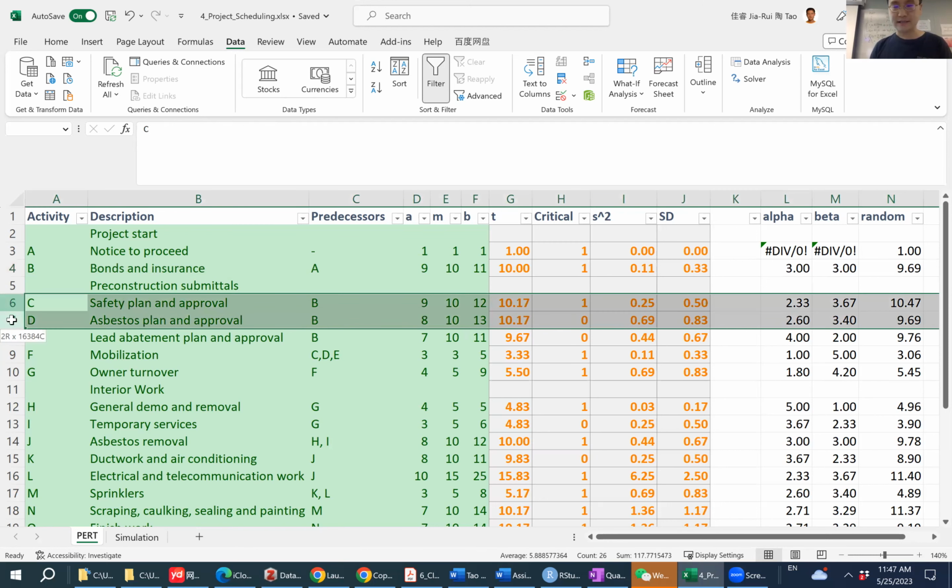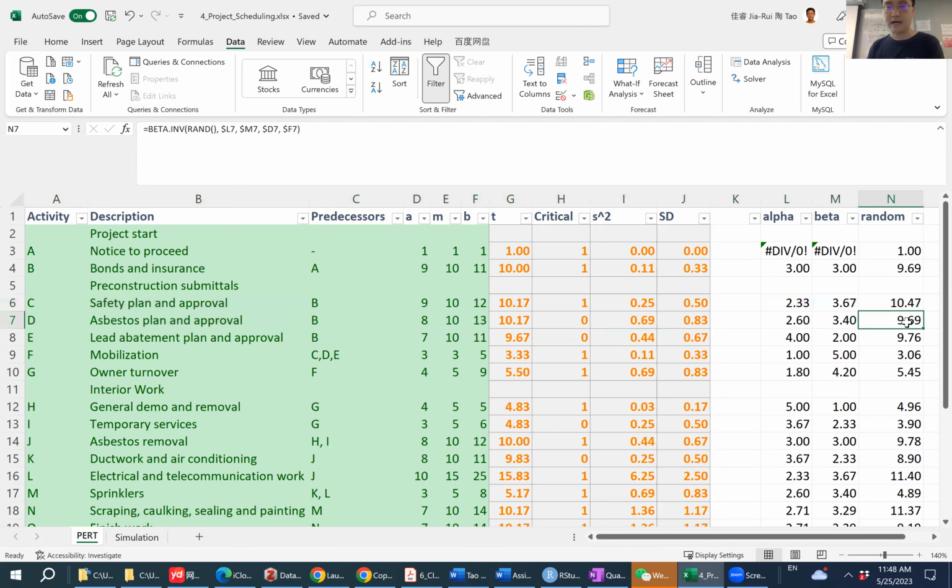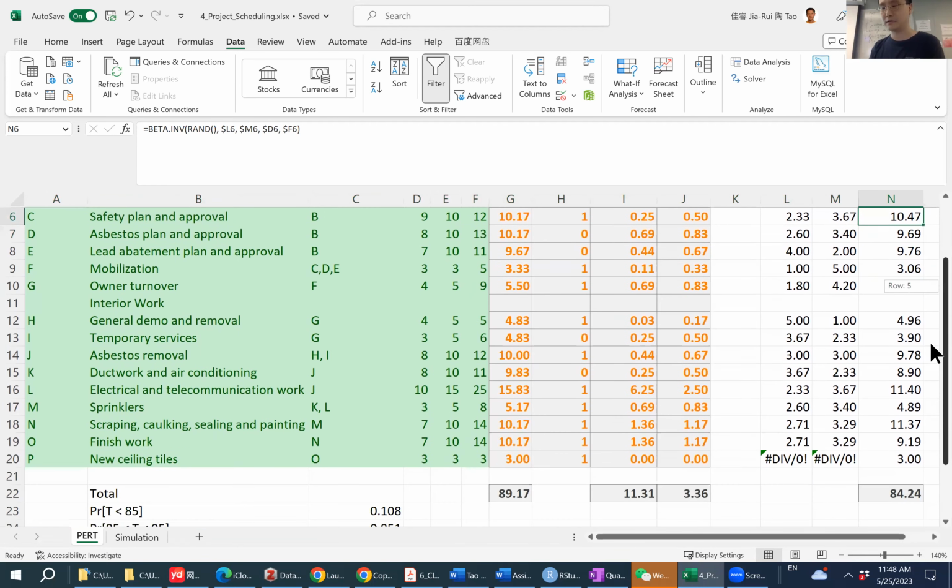For activity C and D, recall that last time we encountered this problem where they share the same expected duration, and we had to make a subjective choice between them to use one of them when calculating the total duration and the total variance. However, when using the simulation, usually we see that one of them is larger or smaller than the other. And in this case, I found that activity C has a longer duration than activity D. That's why I would use activity C to be included in the total duration.